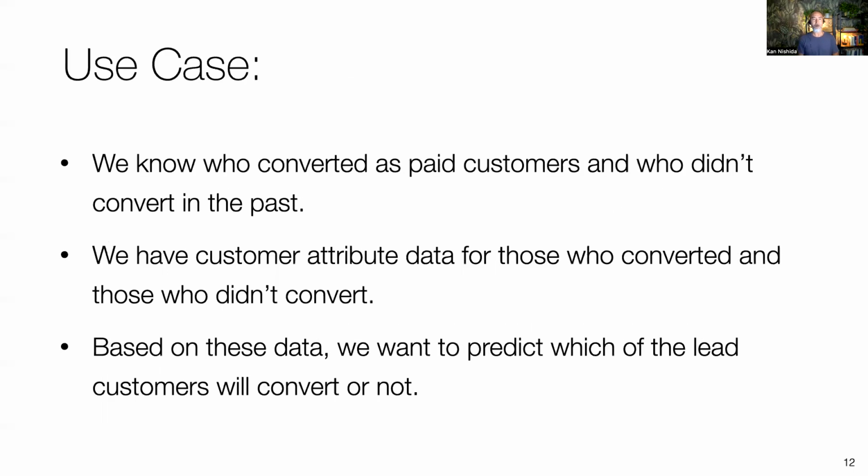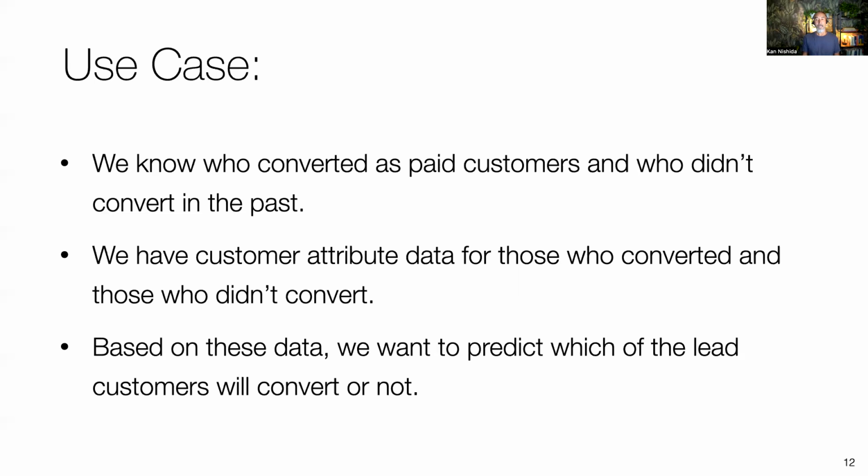So the common use case is, it's like our business, right? You have the customer data, and we know who has converted, who has not converted. Then by using the customer's attributes, let's say it can be the age, can be which page this customer visited, how much time they spent on a particular page, and so on, and then build a model.